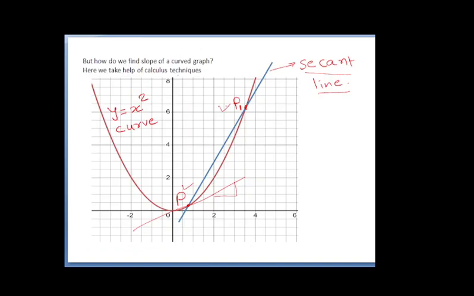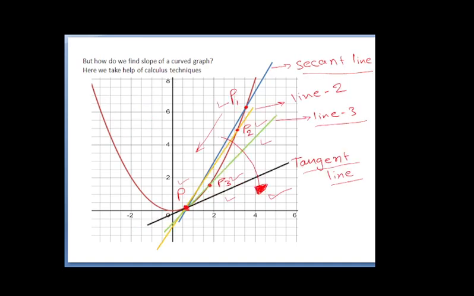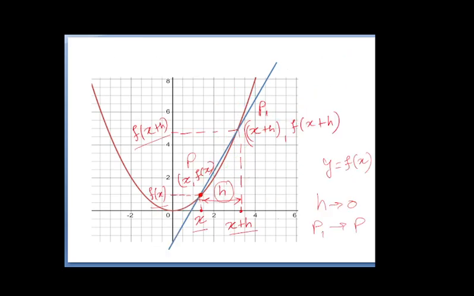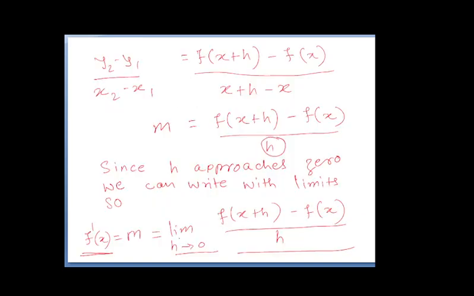Then we take 2 points at a very small distance h, and when we rotate this line, the point P1 approaches point P slowly, as the line is rotated along this arrow direction. Hence, since the 2 points are h distance apart, we can use the limit function, and say the limit as h approaches 0 of f(x plus h) minus f(x) over h will give us the slope of the curve at a particular point.